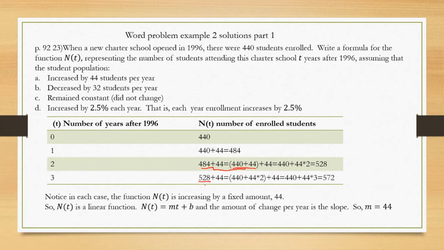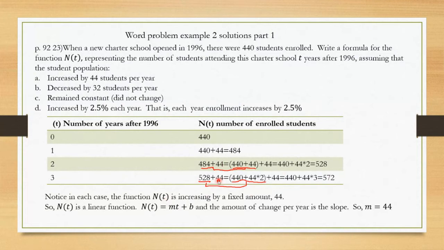Then we're adding 44, and so we get this. Really, that should make sense. This is our starting amount, the 440. 3 years have gone by, and each year 44 students are added. So this calculation should make sense. Look at what the calculation is telling you. And this is 572.